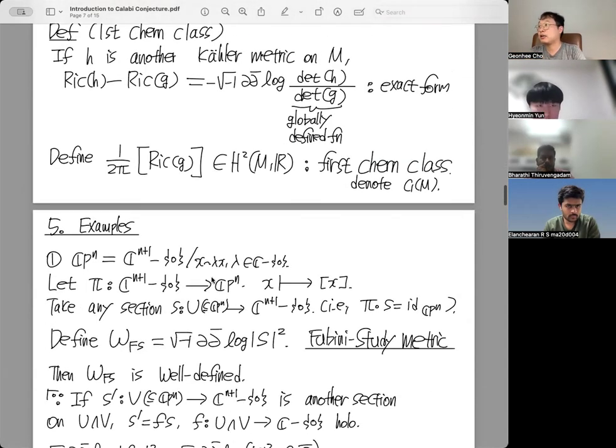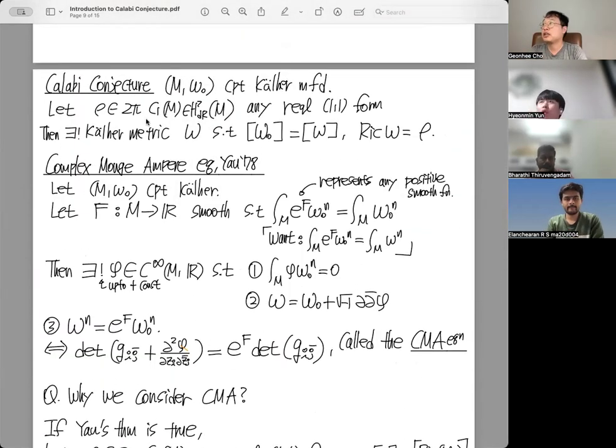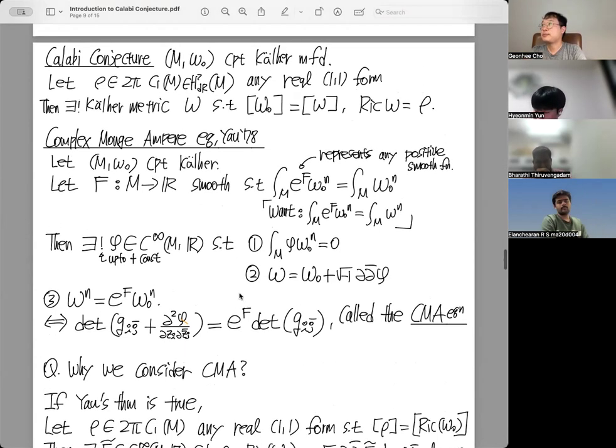Then by understanding each of the objects here, you can understand the origin of the Calabi-Yau conjecture and the complex Monge-Ampere equation, why we are concerned with this specific PDE, what the magic of this fully nonlinear equation is, and what the spirit of the Calabi-Yau conjecture is.